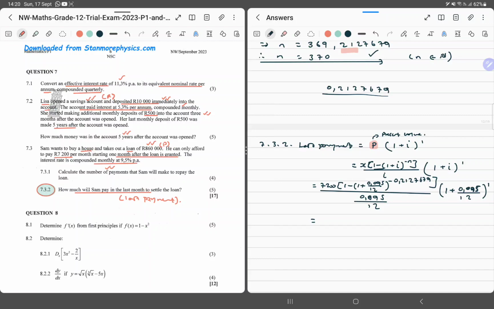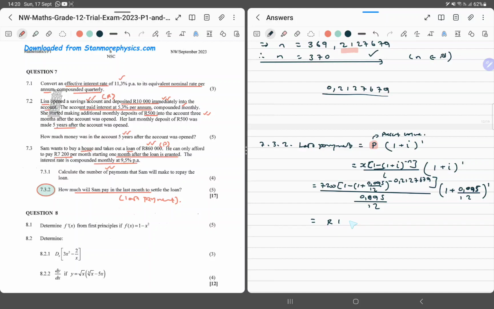We divide this one by 0,095 over 12. And then that whole thing, we're multiplying it by 1 plus 0,095 over 12. So your calculators, folks, are the best, I'm telling you. So this is the amount of money this guy is going to pay in the last month.